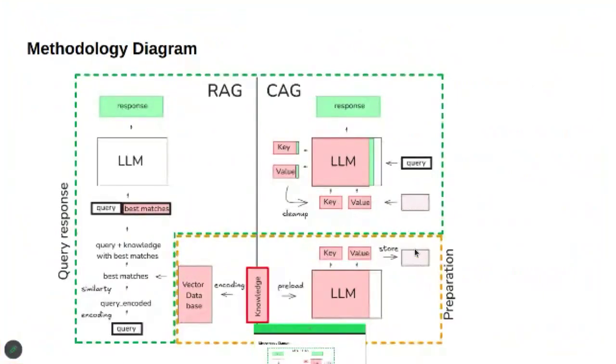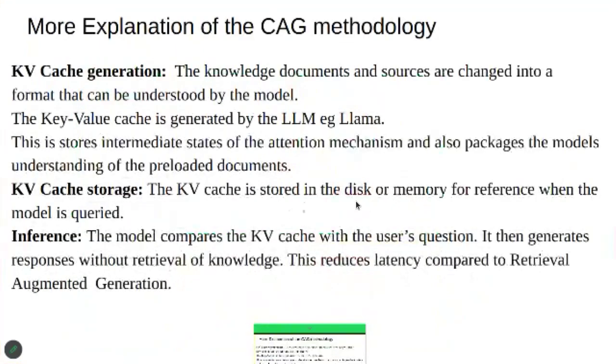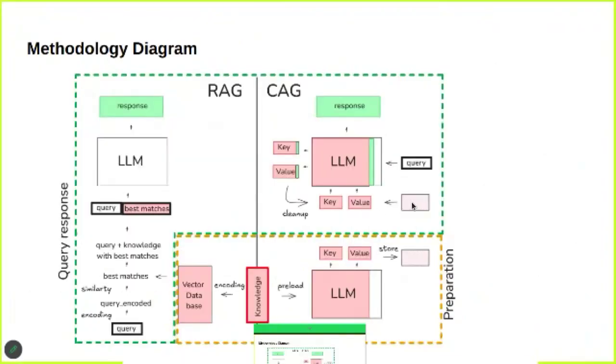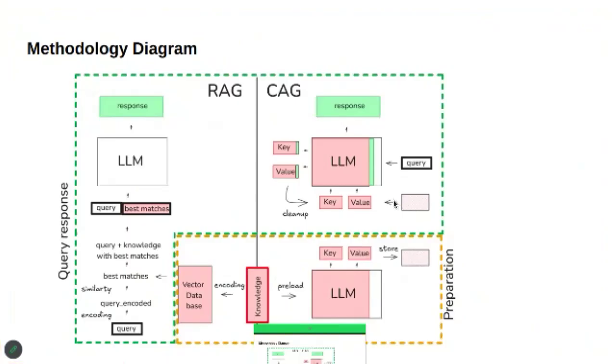This is the memory here, where it's picked and transferred. This memory is where we pick the key value storage from, and then we can refer to the knowledge that was formatted or changed into key value format.